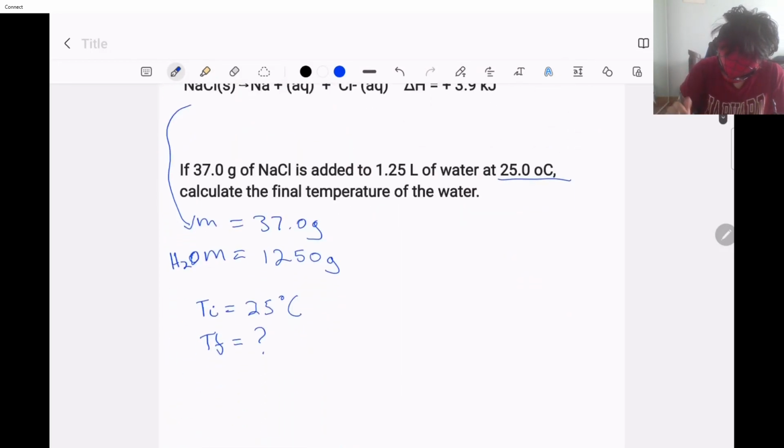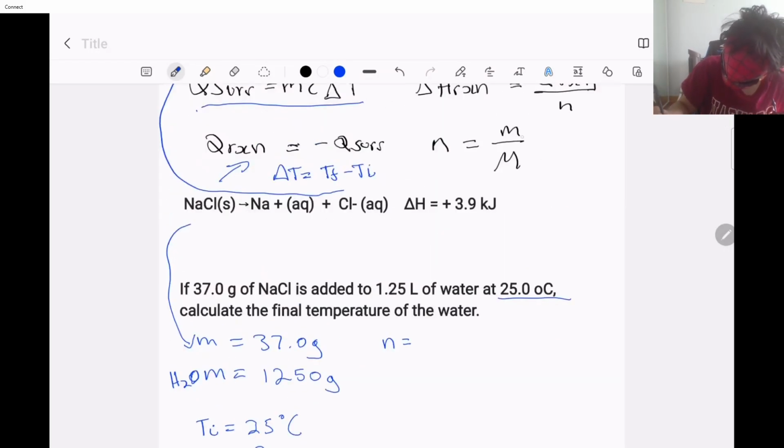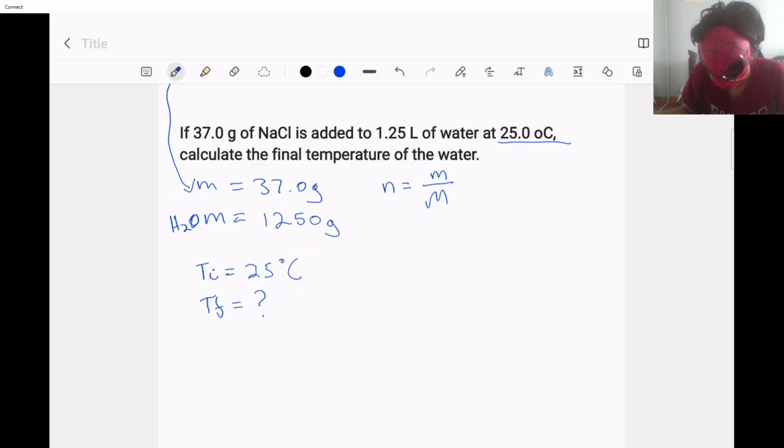So let's do that. The moles is equal, let's use this formula, moles equals mass over molar mass. We need to calculate the molar mass, but to save time, the molar mass of NaCl is 58.4 grams per mole. So let's plug it in.